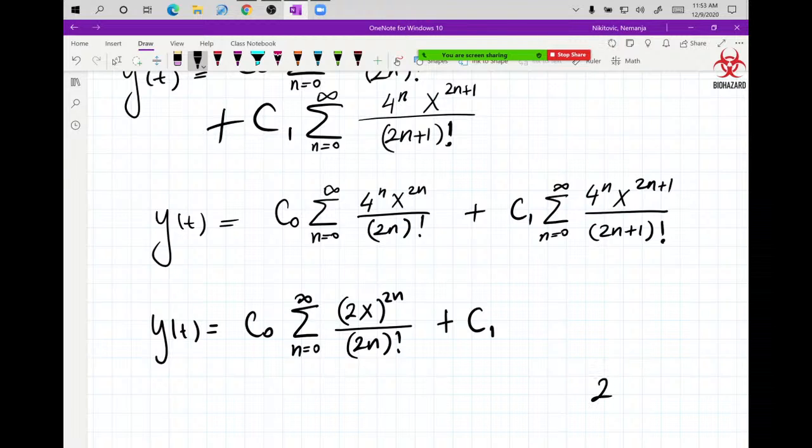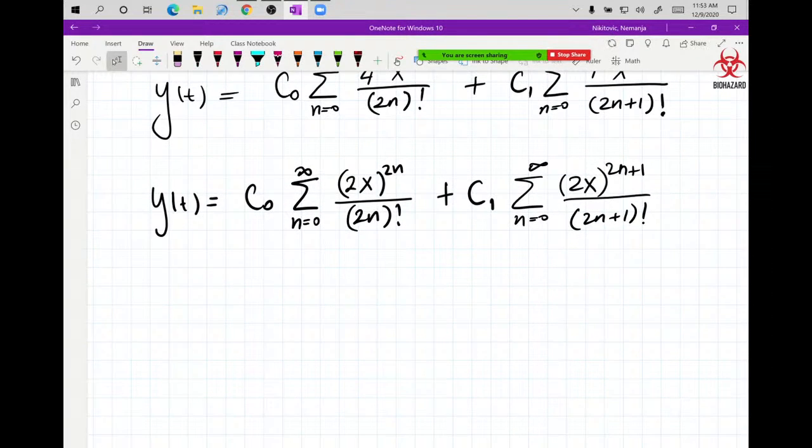When you write this 2 to the 2n, and then you have x to the 2n, and then you just have times just x, which is that plus 1 that's kind of peeled off. Then these guys combine into the single one, and so on. So you're just going to get the same thing on the other side. So 2x to the 2n plus 1, n goes from 0 to infinity over 2n plus 1 factorial.